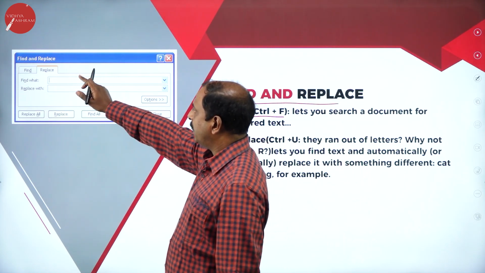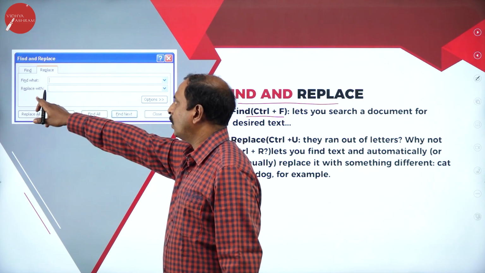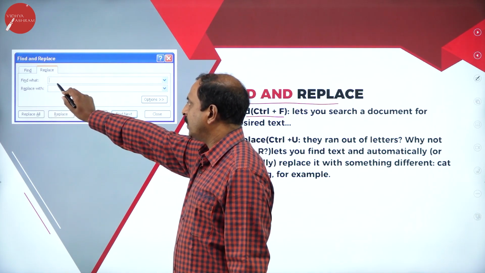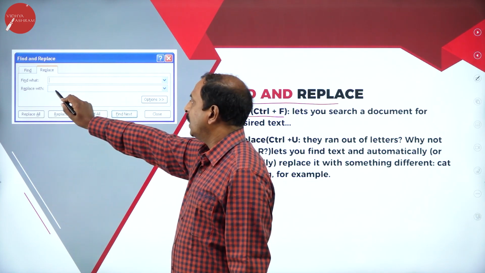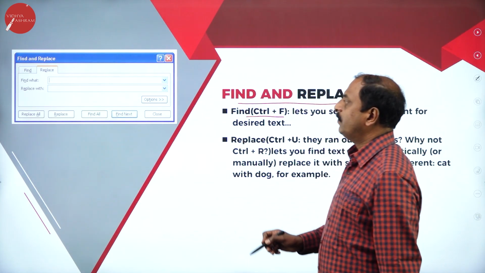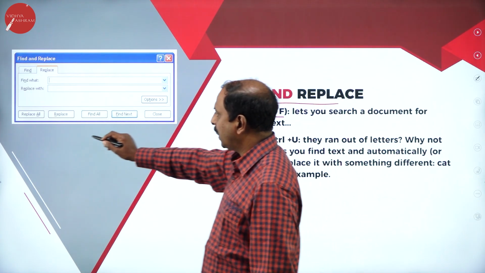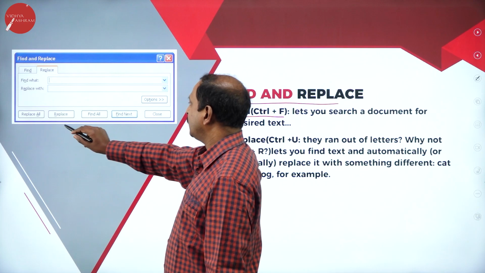At the same time, there is also a tab called replace here. So we can replace the same word we are looking for with another keyword. If you select this option here, we have different options under that: replace all, replace, find all.